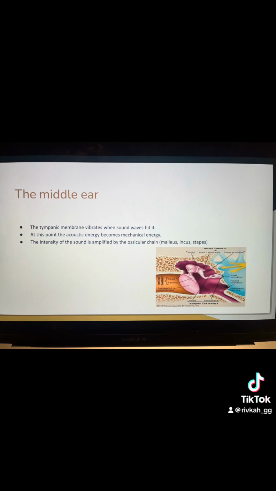The second one is the incus, and lastly the stapes, which is kind of a stirrup. The purpose and the function of these three tiny little bones is to amplify these vibrations.